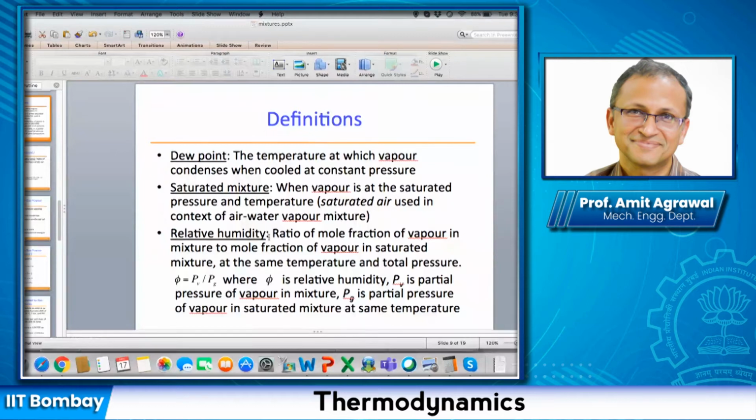And the ratio of the actual water vapor in my air to the amount of water vapor in the saturated mixture, I will define as my relative humidity. Because they are related by mole fraction, and because we are using the ideal gas law, we can replace these mole ratios by the corresponding pressure ratios.